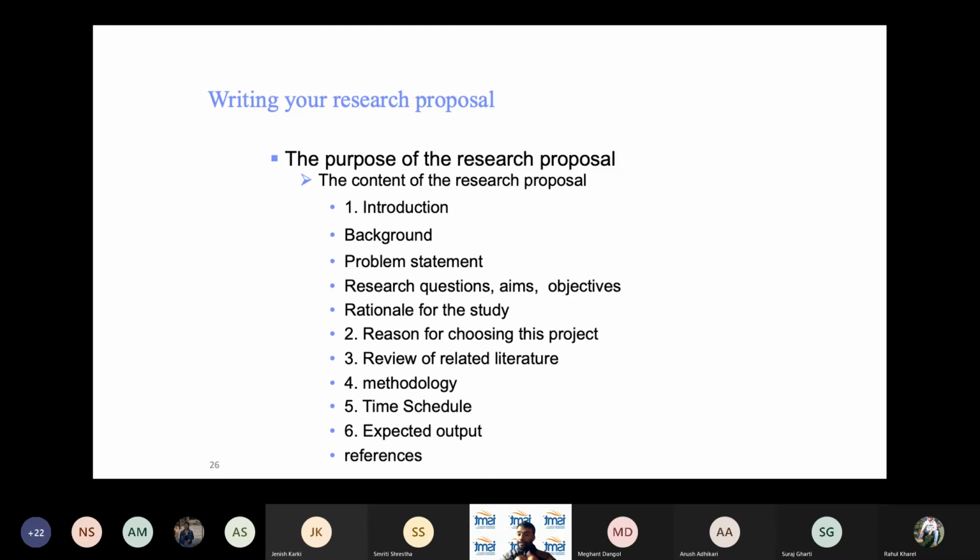We study different examples or methods, but which method, which step is suitable for your research, you have to select accordingly. And the other parts of the proposal are not so creative. So we mainly focus on research questions, aims and objectives, and methodology in this proposal session.